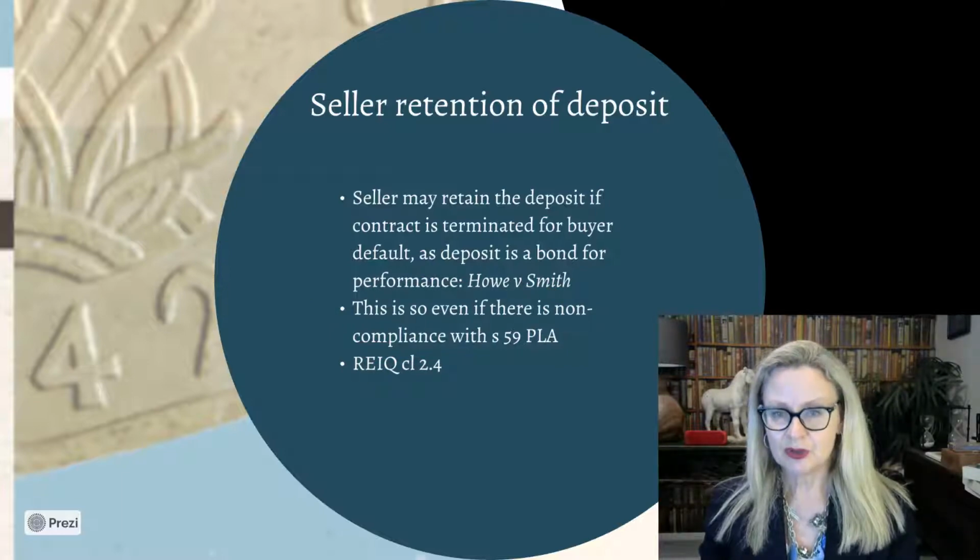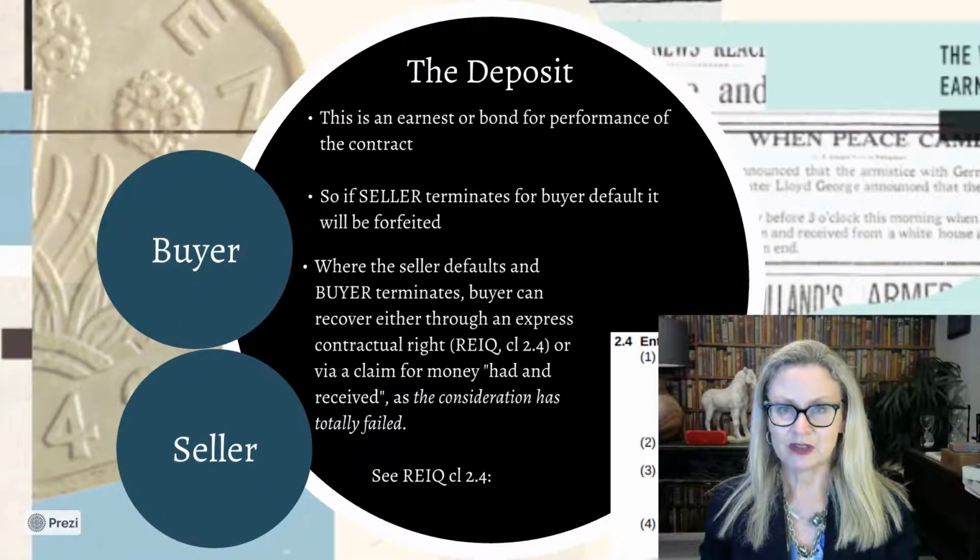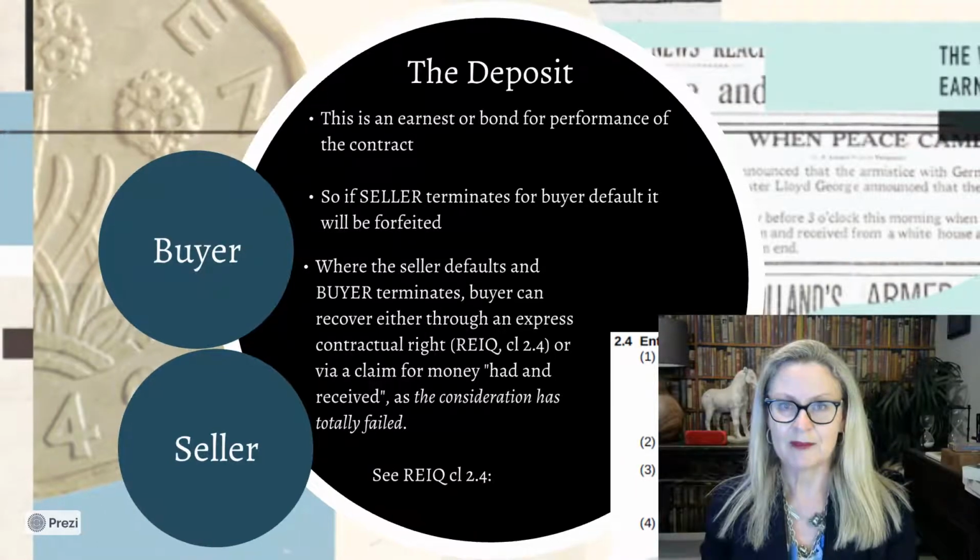So even though your contract might be non-compliant with Section 59 PLA, you will still be able to retain the deposit. Other than that, clause 2.4 of the REIQ will govern if you're happy enough to have a standard contract working in your favour there.